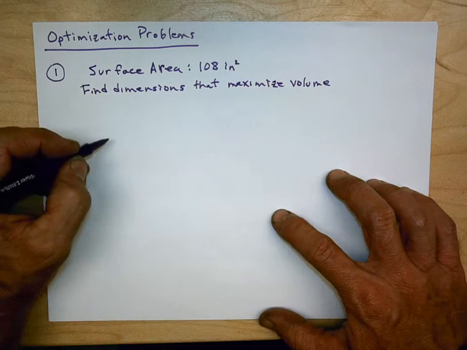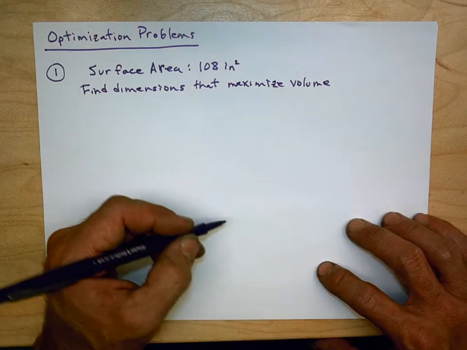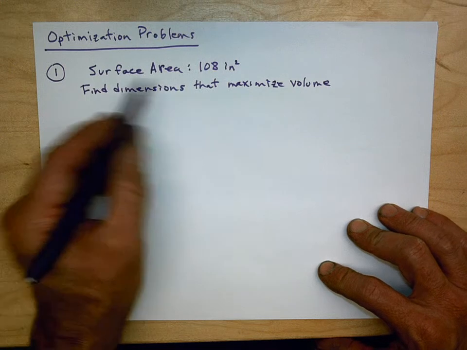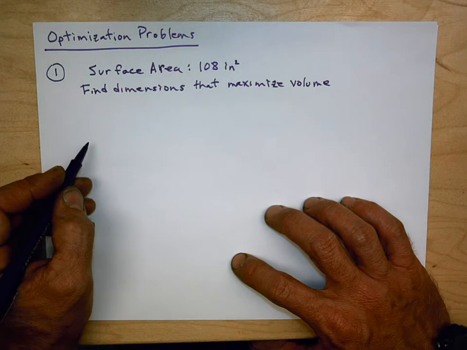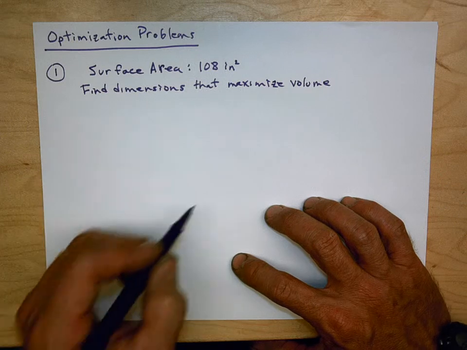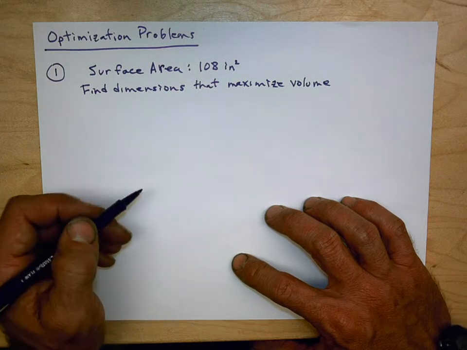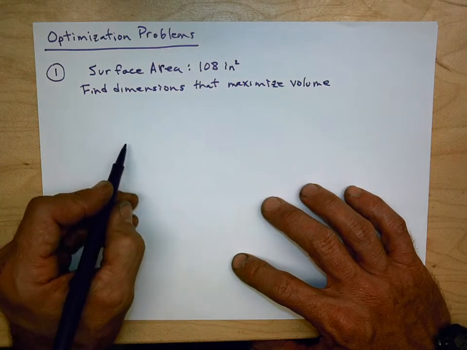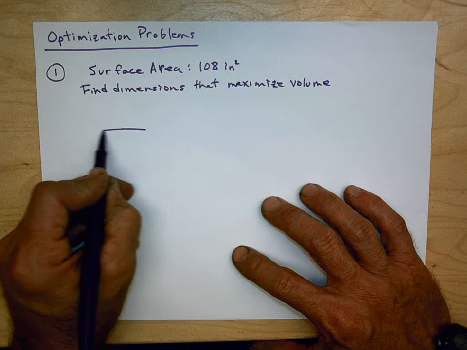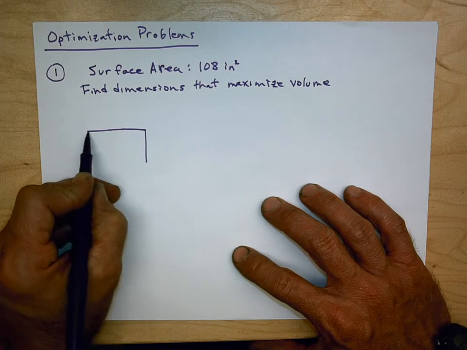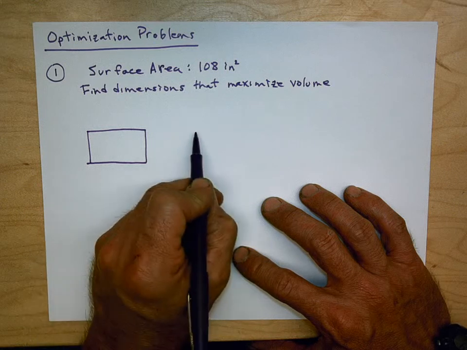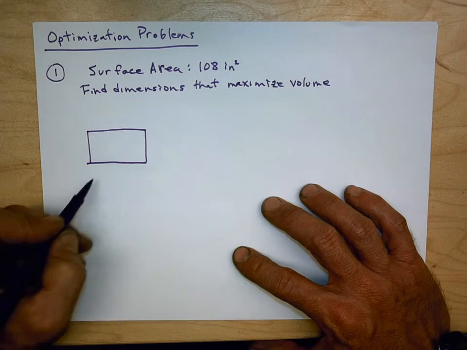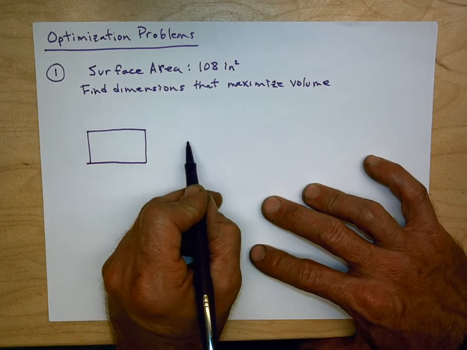One general rule is if you can draw a picture of the situation, that usually helps with being able to come up with a formula or a function that describes it. You don't have to be a great artist, and I'll tell you right now that I'm not. But let's say this is the front of the box. We just need something to work with, something we can look at so we can imagine what's going on. The other thing about this box is that it has a square base.